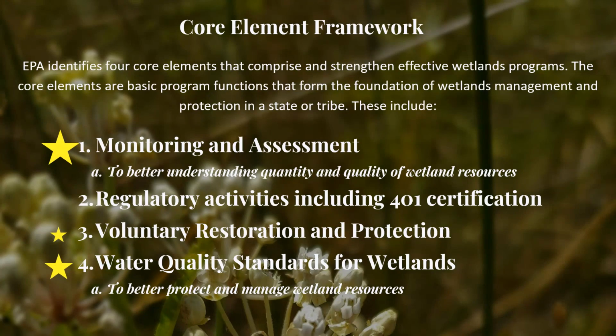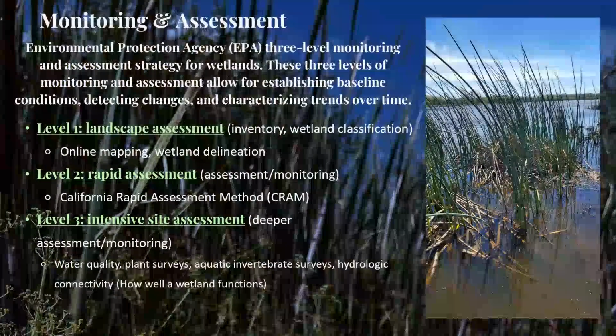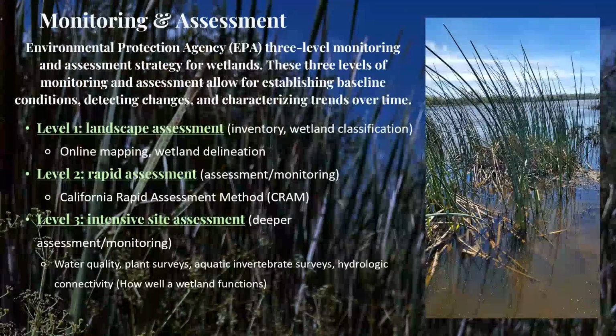So starting with monitoring and assessment, getting a little bit more into depth on that. In developing our wetlands program plan, we use the 3-level monitoring and assessment strategy put forth by the EPA. As you can see, there are different levels of complexity encompassed in each of those layers. So for level 1, you might need some inventory or wetlands training, whether it's GIS mapping or wetlands delineation.